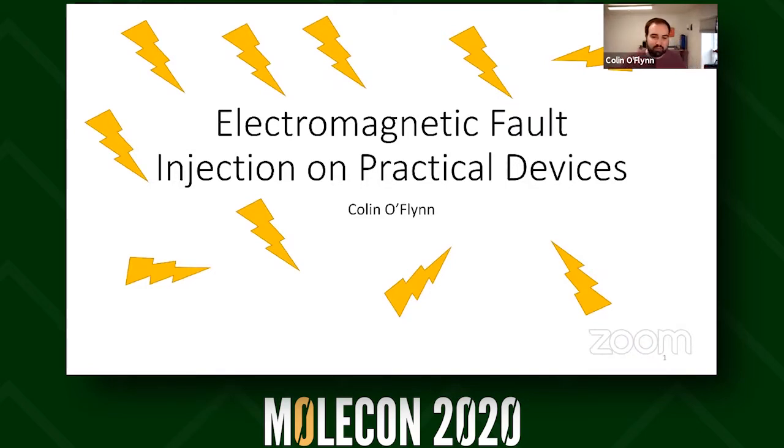I'm going to work through some examples I've done this on. I'm trying to use things that I've documented at least a little bit, some of them fairly well, so you can dig into a lot more detail. This talk is a pretty quick, high-level overview, but hopefully it gives you some ideas for how you can play with fault injection in general and electromagnetic specifically.